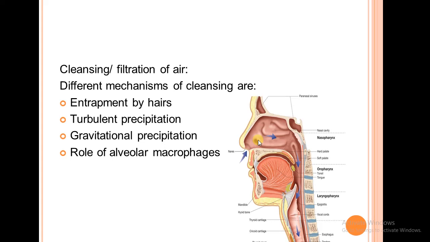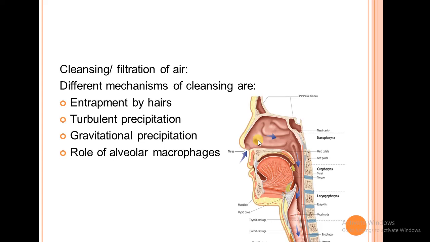But the dust particles present in the air cannot rapidly change their direction, and they are entrapped in the mucus covering the turbinates and mucosal surfaces. Entrapment in this way is called turbulent precipitation. The turbinates produce turbulence of air because they form obstacles for the air.